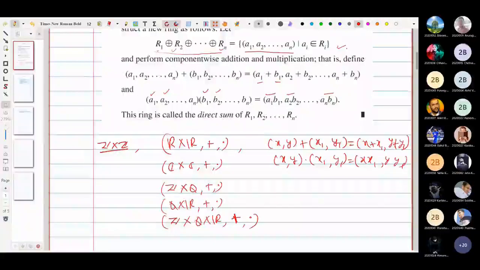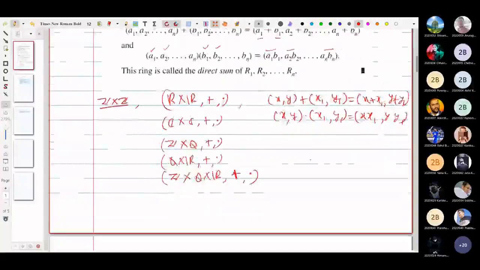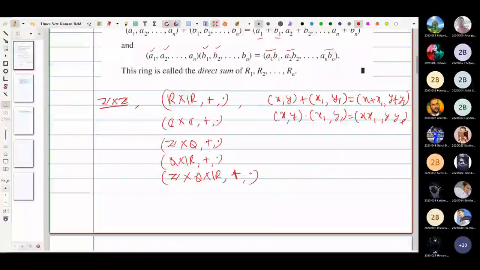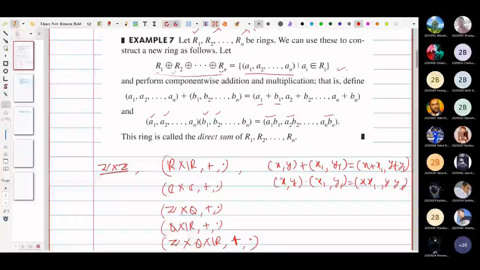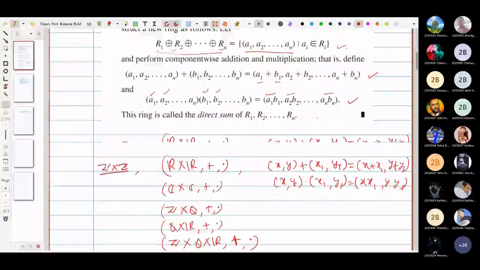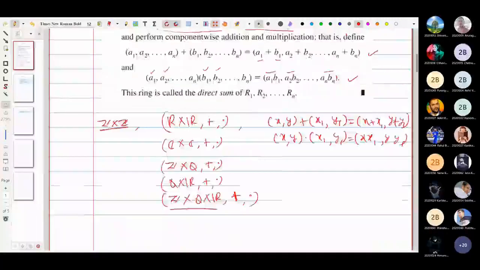So this you should remember. On tuples we have this kind of definition of addition and multiplication. Similarly, you can define addition and multiplication on this product also. This will be applicable on these also.